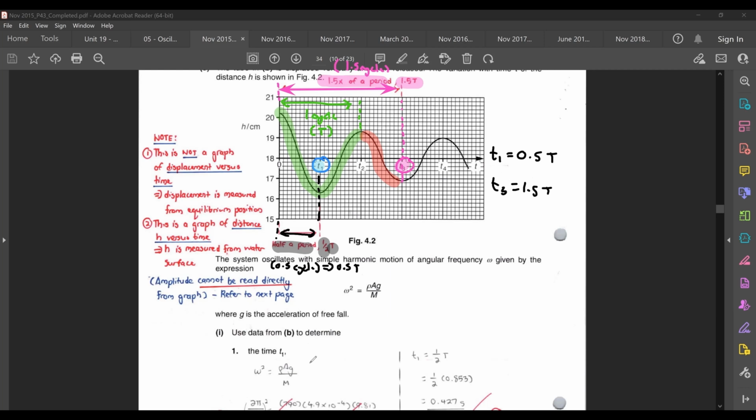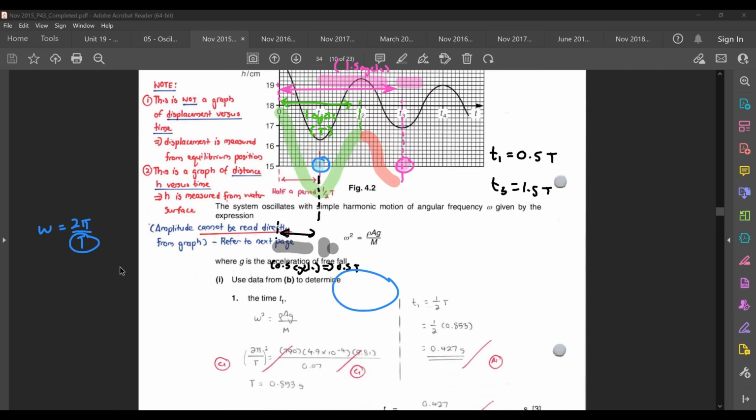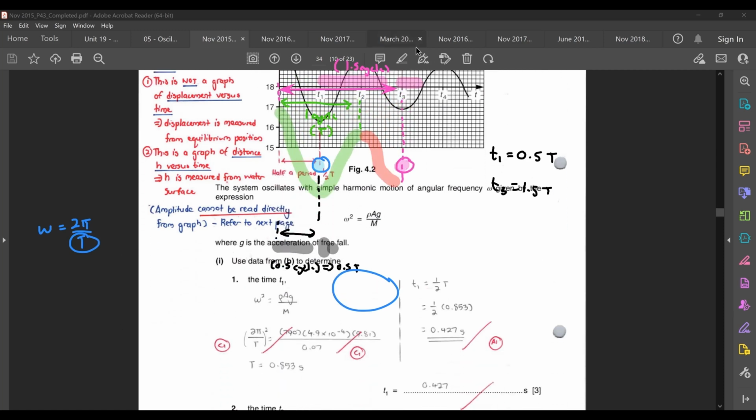You want to find the period here, which you can find from this given equation. If you remember, omega angular frequency is 2 pi over T. You need to put it inside here and find out what is T. So for a start, you use that equation. Omega square is rho A g divided by m.